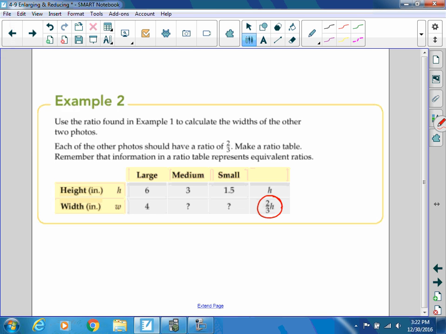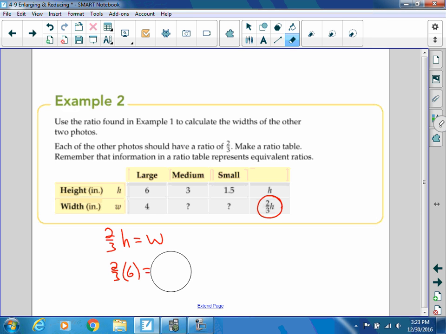What that means is if I take 2/3 times my height, that's going to give me my width. So if we try that here with one we know, the 6 and the 4, so if I take 2/3 times 6, that should equal 4.